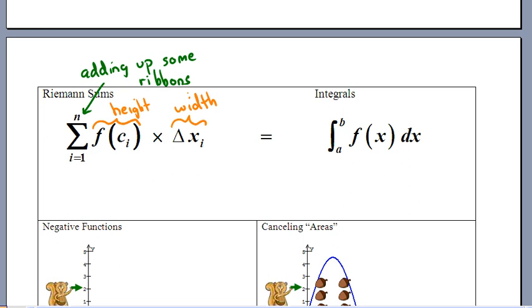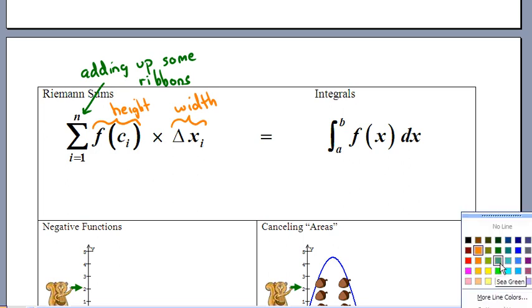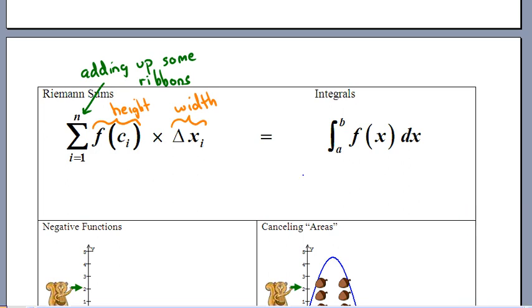And this part here is the width of each ribbon. If you take that as a limit where you do an infinite number of ribbons, then you can get to the right side of the page. Then you can say, hey, this will be a perfect calculation over here. But in order to go from the left-hand side of the page with Riemann ribbons over to the right-hand side where it's perfect, you would have to do a limit.